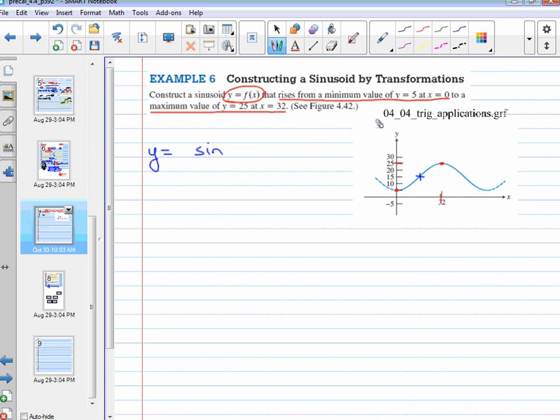So I know I have taken this thing and moved it so far to the right, halfway in between those things. I've moved it 16 to the right. So if I'm going to move it to the right, I have x minus 16. I've moved it to the right 16 places.